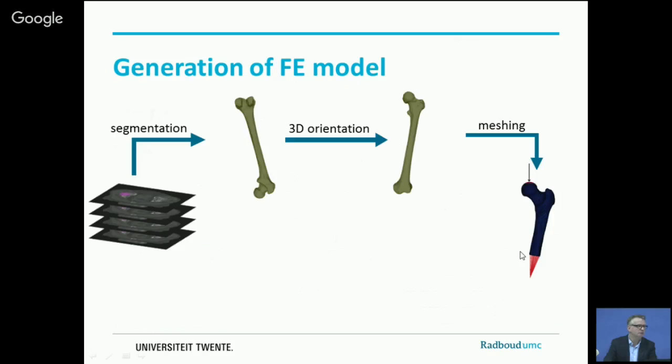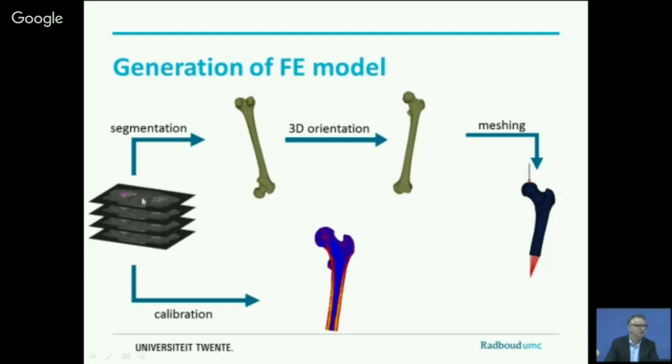It could be maybe 10,000 elements. You could make it more accurate by making a million or a zillion elements, but then the computer power goes up. So we need to compromise between the accuracy and the computational power. Okay, so we make a model, a geometrical model of this.